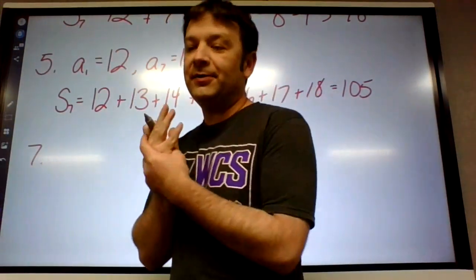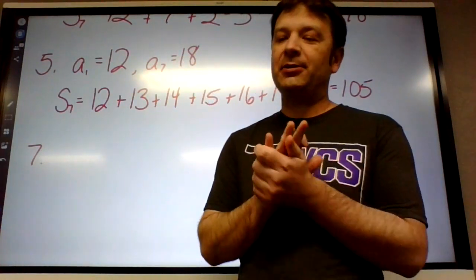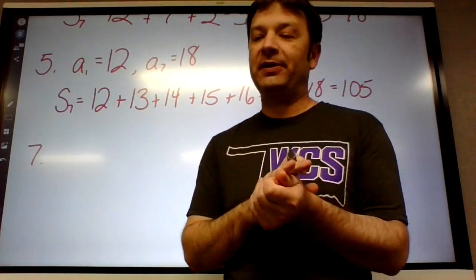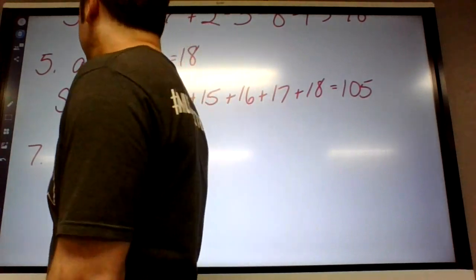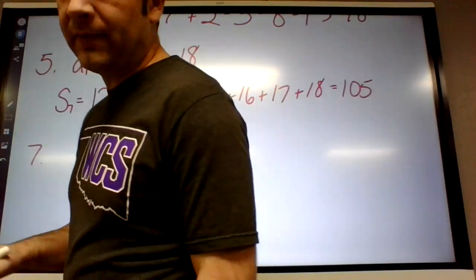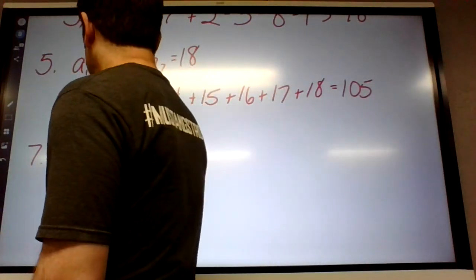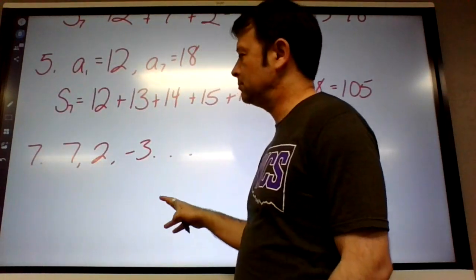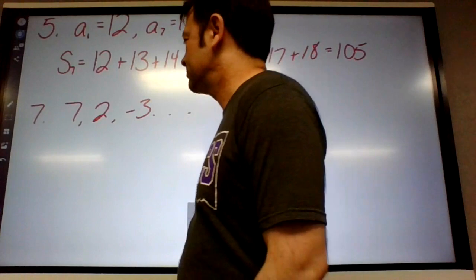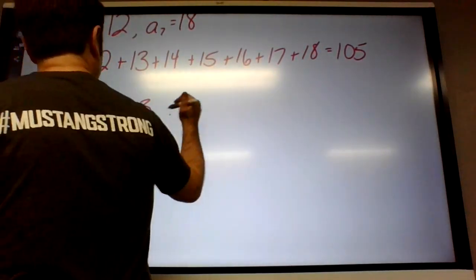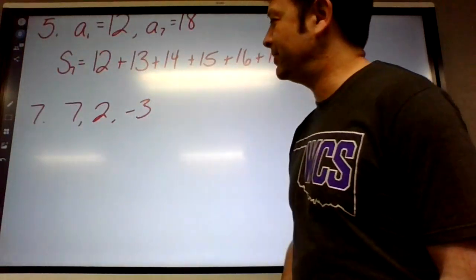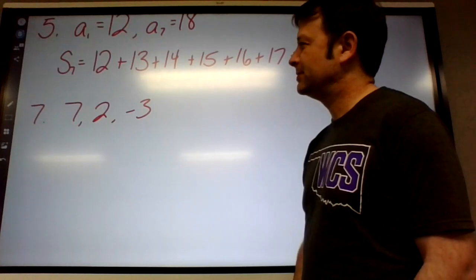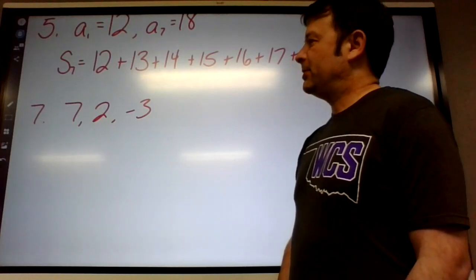Number 7, kind of similar. It's S sub 10, though, so we have to add the first 10 terms together. Let's see, it's 7 to negative 3. Okay, actually, what is the pattern on this one? -5.